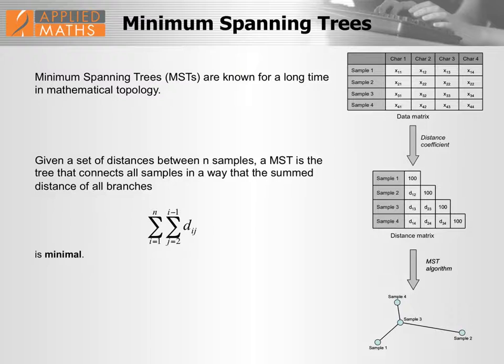And the very simple assumption that these trees make is, given a set of distances or similarities between your samples, the minimum spanning tree will be the tree that connects all your samples in a way that minimizes the sum distance of all the branches. So it looks at the simplest explanation of your evolution.